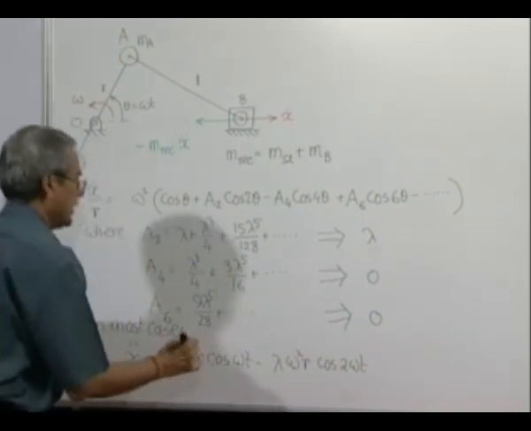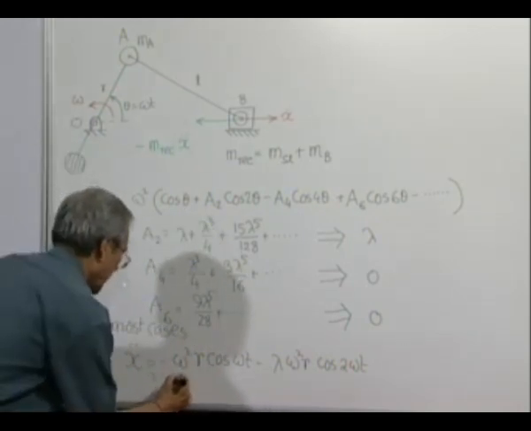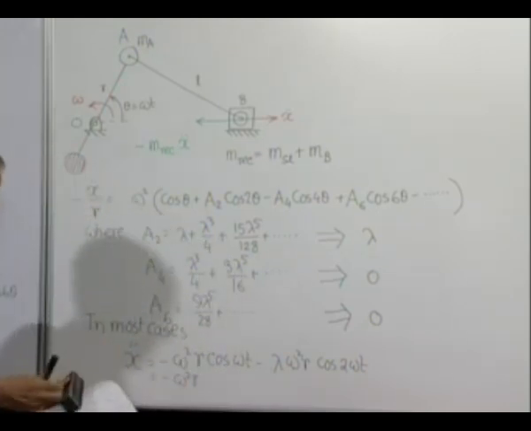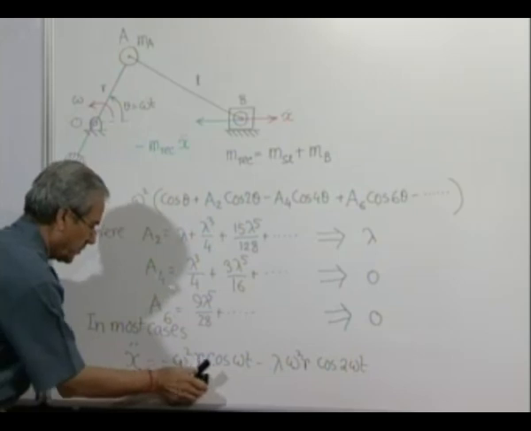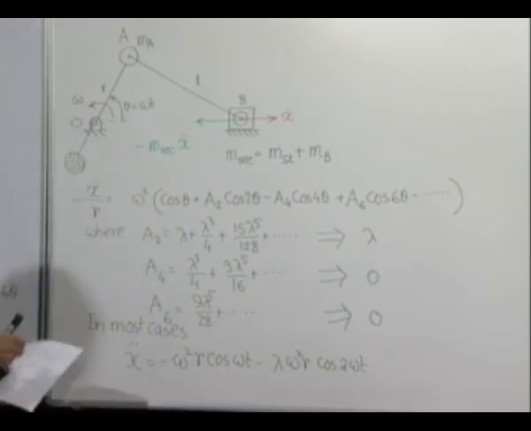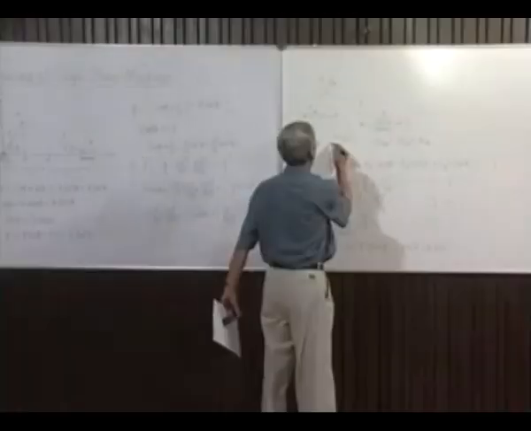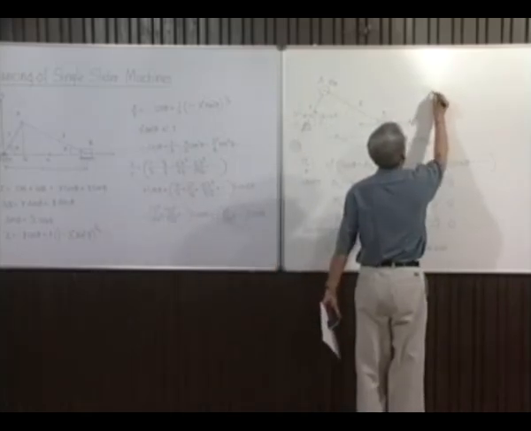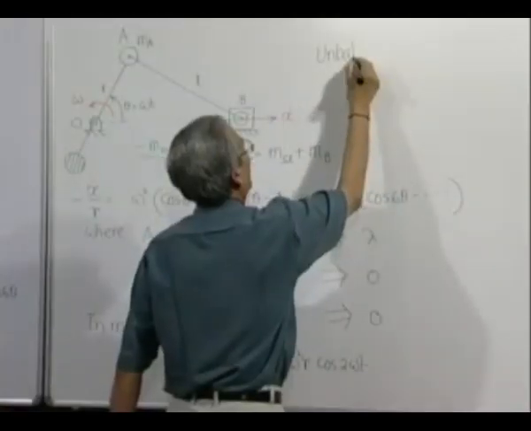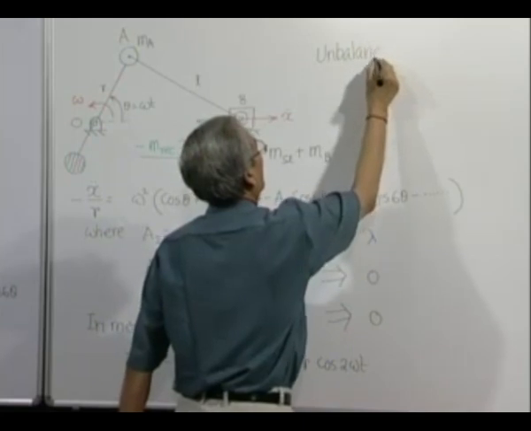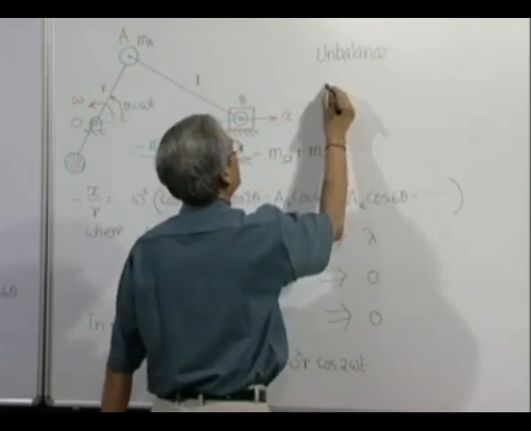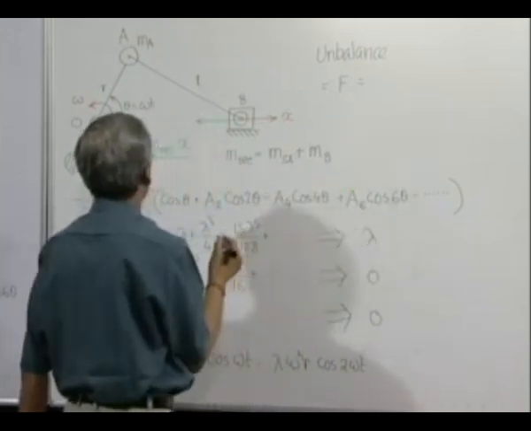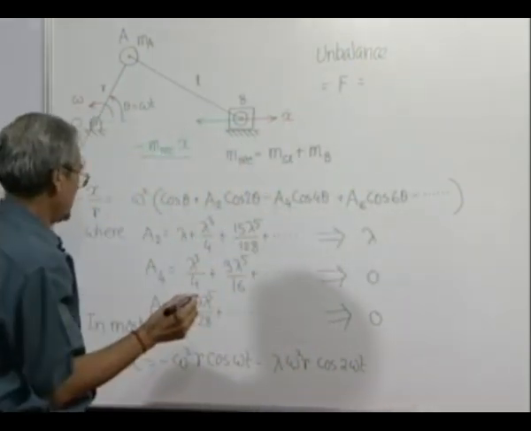So, this can be written as minus omega square r, sorry, let us write the unbalanced force now. So, the unbalanced force is given by a force which is equal to m reciprocating x2 dot.